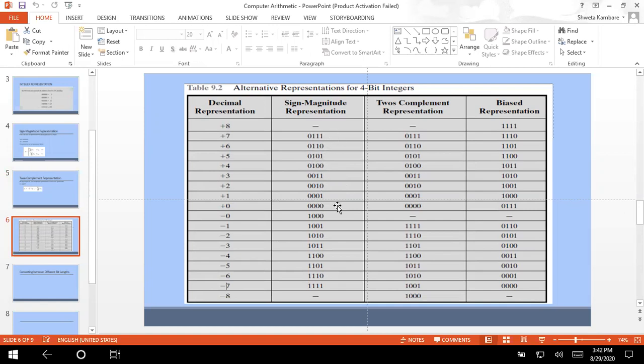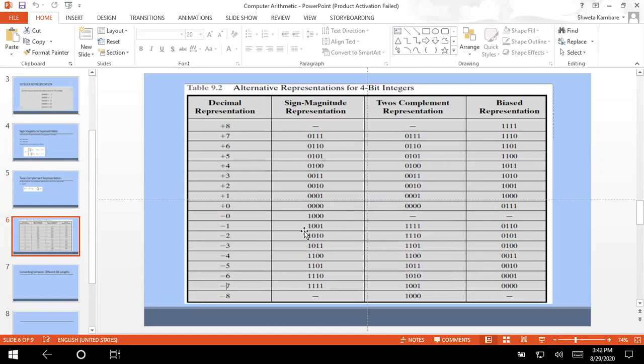And if you want to represent minus 0, there is a different representation, 1000, which is a bit confusing, because have you heard of a sign for 0? There is no sign for 0. That's why this is a bit complicated, and that's why the 2's complement representation scheme was invented.